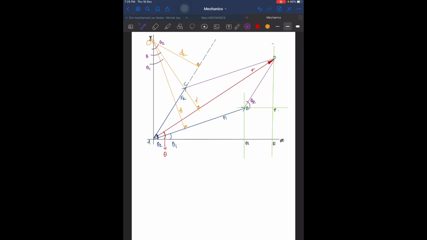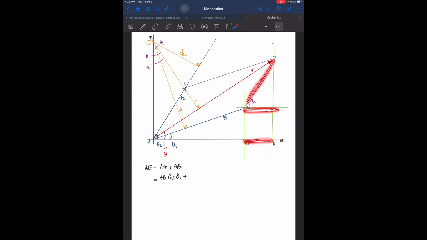So let us write AE will be equal to AG plus GE. AG is nothing but AB cos theta 1, AB and its cos component over here, plus what is GE? GE is nothing but BH.